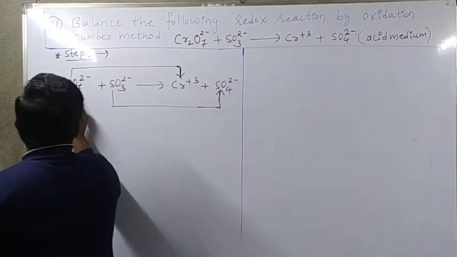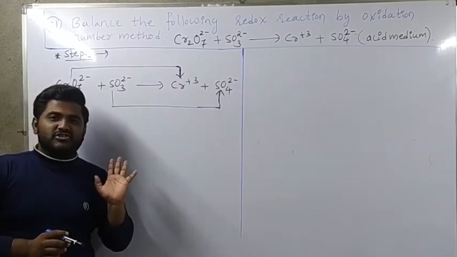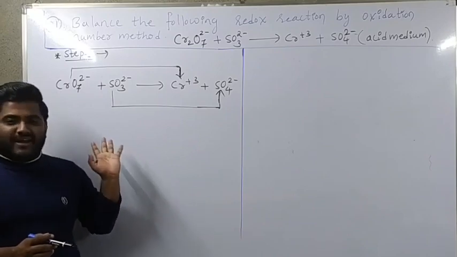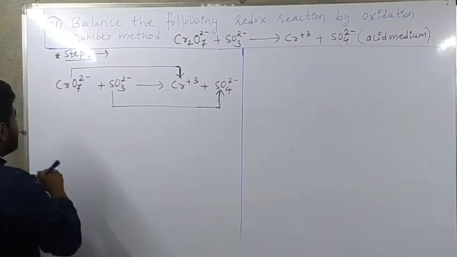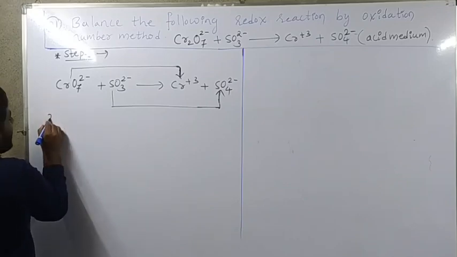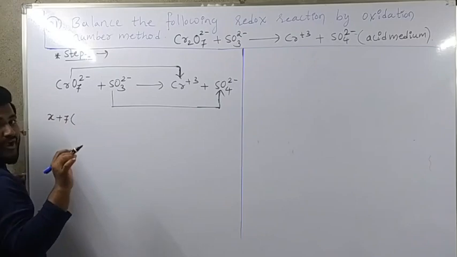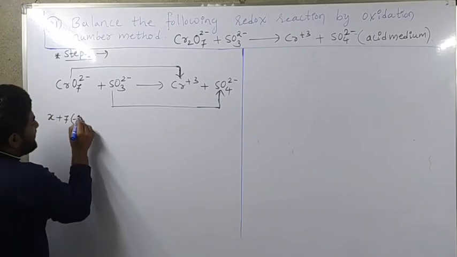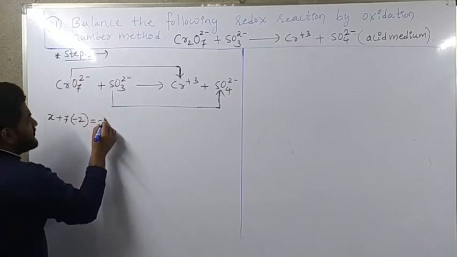See, Cr2O7 2 minus is there. First we will talk about oxidation number of oxygen. Already you know it is always minus 2. First we have to calculate oxidation number of Cr. Let us say Cr we don't know, X. Plus 7 oxygens are there. 1 oxygen oxidation number is always minus 2, equal to overall charge, which is minus 2.